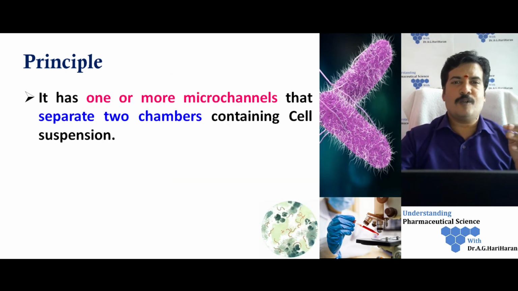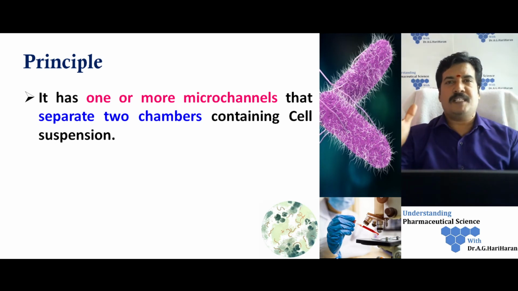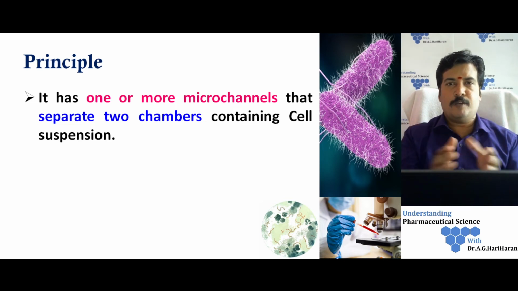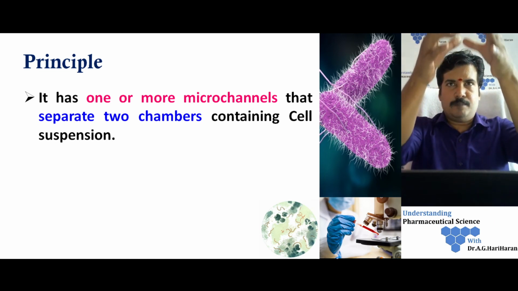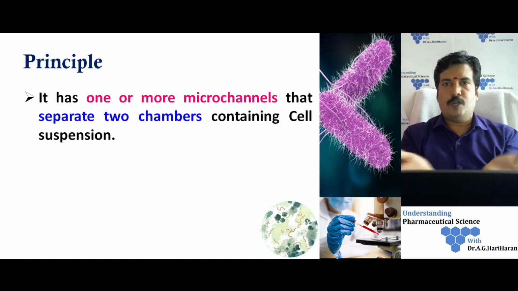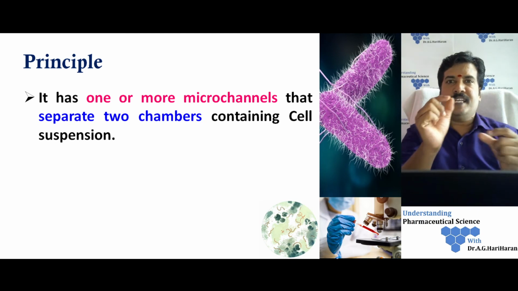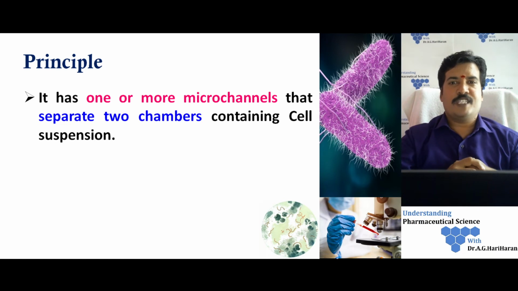The Coulter counter is a simple logic. There are two chambers separated by a micro channel. As an instrument, you can see an outer round flask and an inner small tube like structure, so we have two chambers, an outer one and an inner one. In the inner chamber, you can see an orifice, which we call the micro channel.